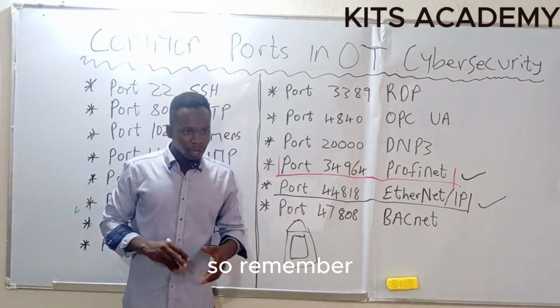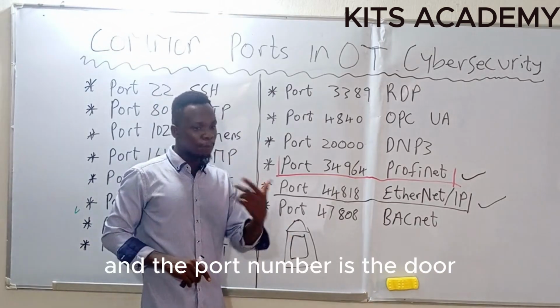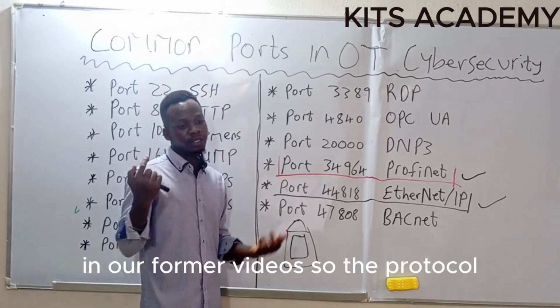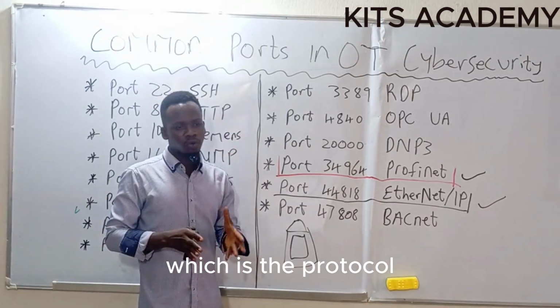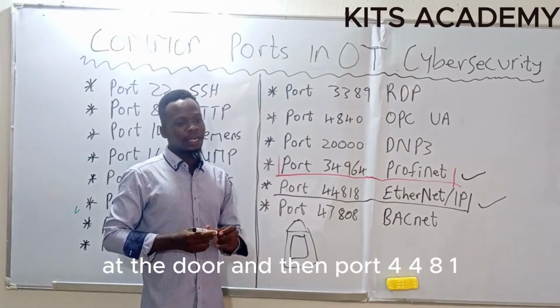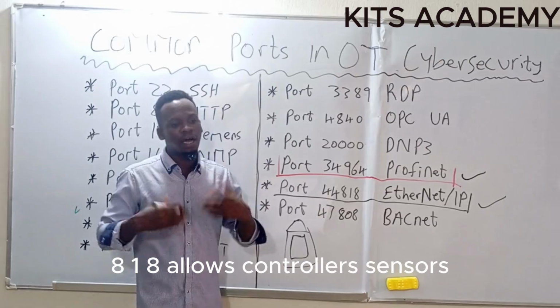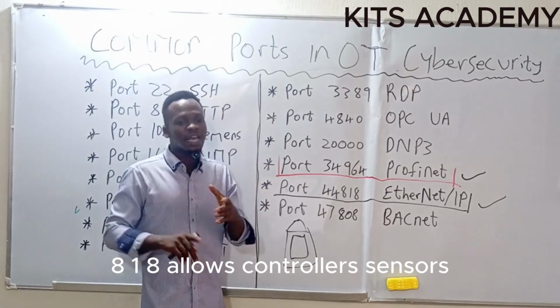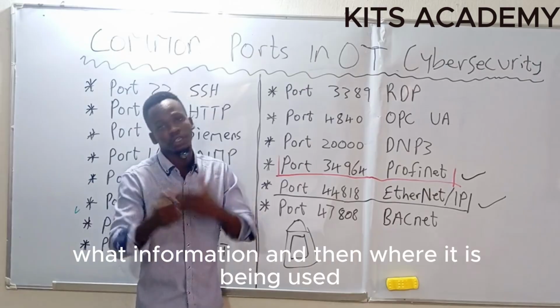So remember, the IP address is the building and the port number is the door, in our former videos. So the protocol is the language spoken at the door. And then port 44818 allows controllers, sensors, and machines to exchange instructions and status information.